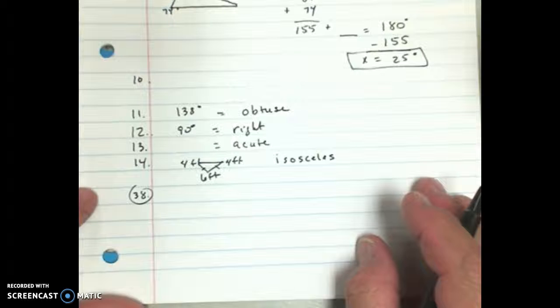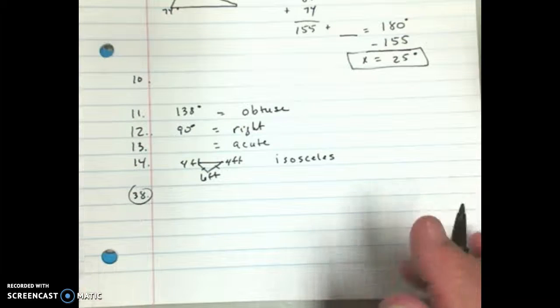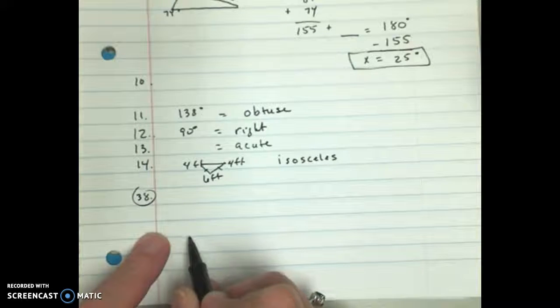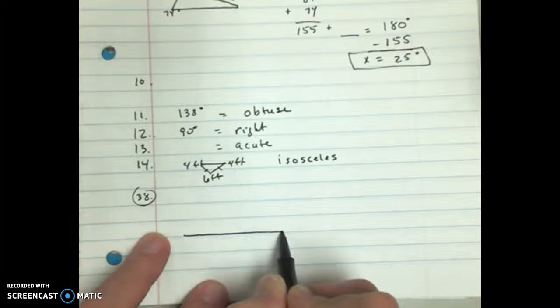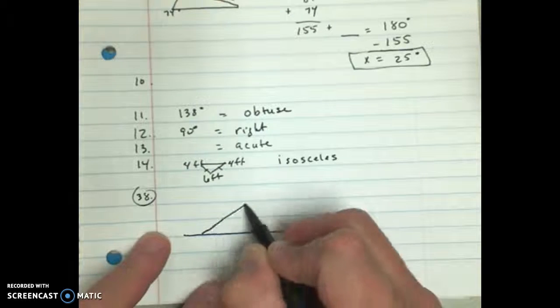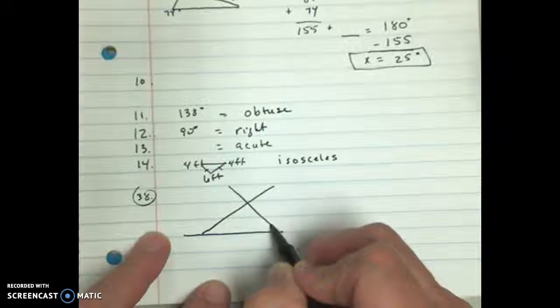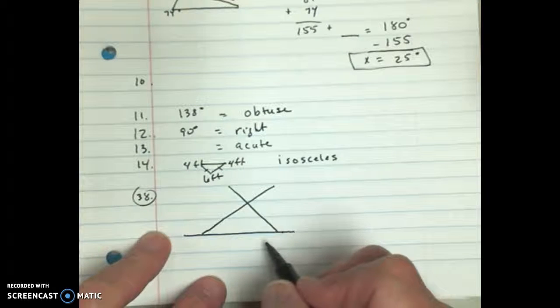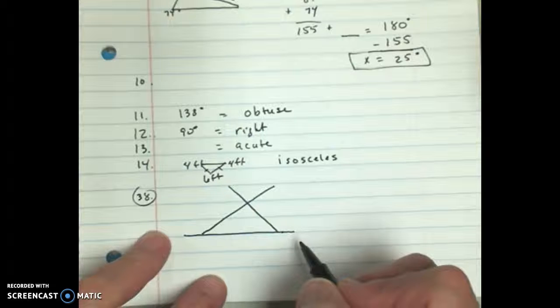And we're going to explain how we can fill in the missing measurements of this drawing. So let's draw this out, and we have our drawing kind of looks like this, and we want to find the measurements of angles 2, 3, 4, 6, and 7.